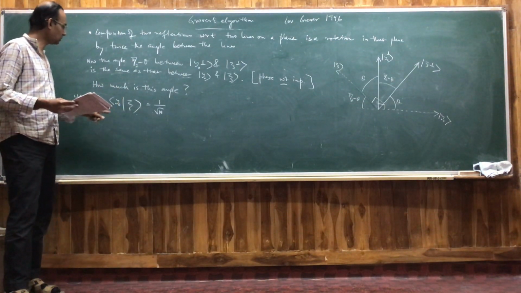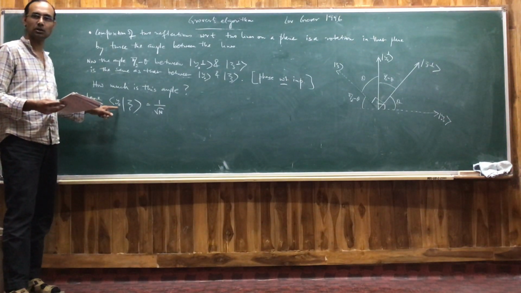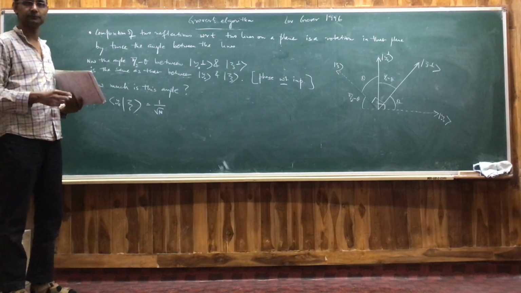This xi has all the y's, including the y naught, and each one has this 1 by root n.